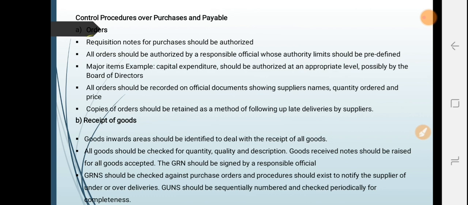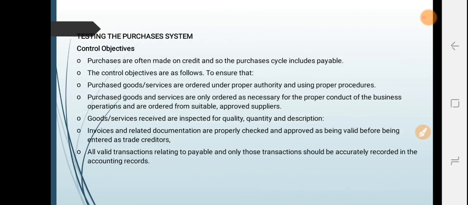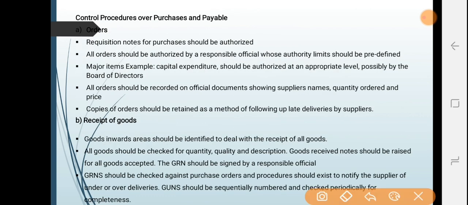The first one is order. That is the control procedure with respect to order. So requisition notes for purchases should be authorized. All orders should be authorized by a responsible official whose authority limit should be predefined.